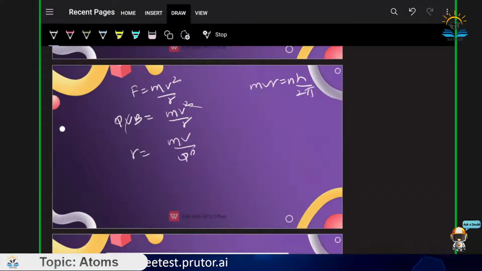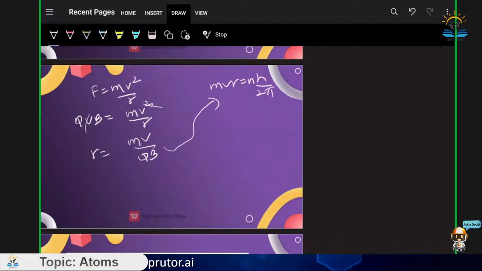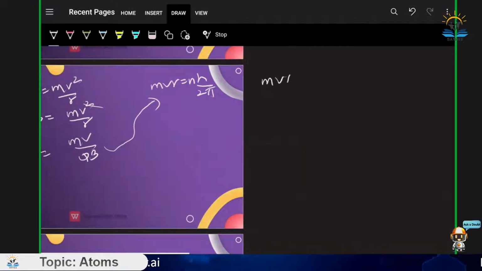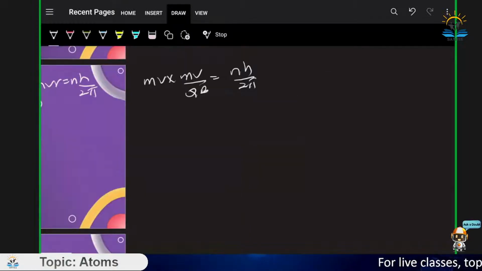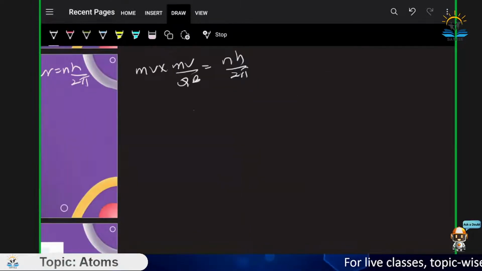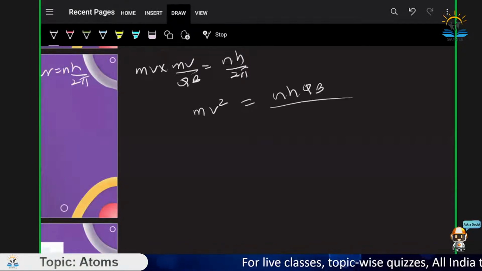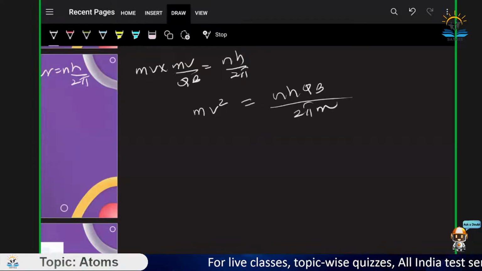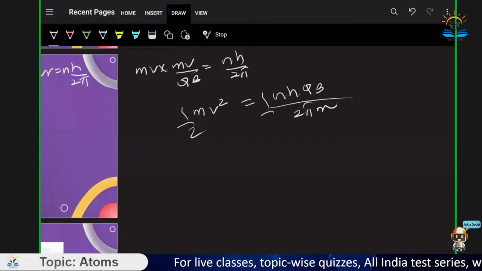Applying here r, this will be mv into mv by QB, which is equal to nh by 2 pi. So mv square is nhQB divided by 2 pi. Multiplying with half, this is the kinetic energy.